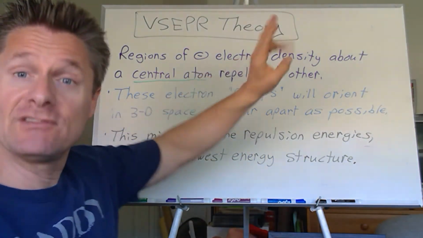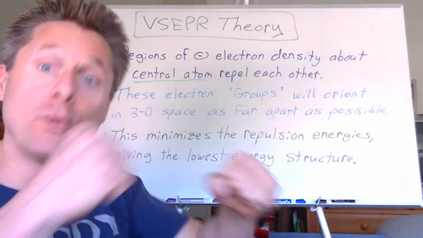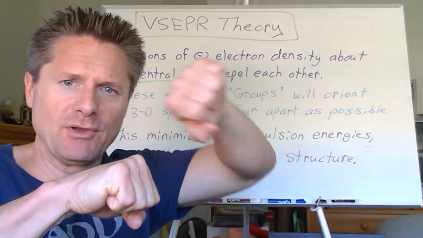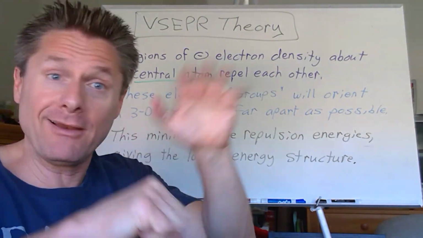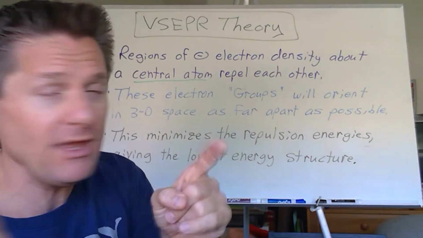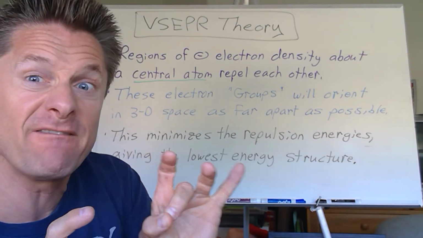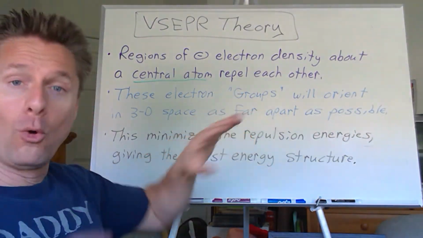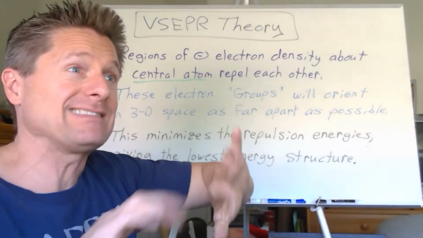So regions of electron density will repel each other about that central atom. So here's a central atom. You could have a single bond here, double bond here, lone pair here. They're all going to repel each other. Those electron groups, don't think of them in terms of pairs. Think VSEPR. Those electron groups, which we'll define on the next board, will orient as far apart as possible.